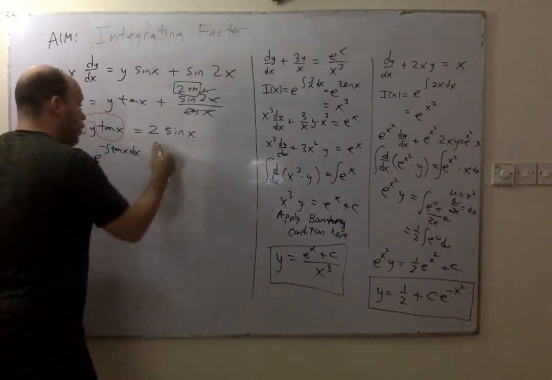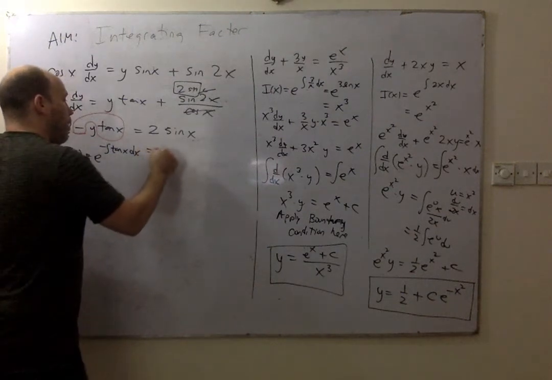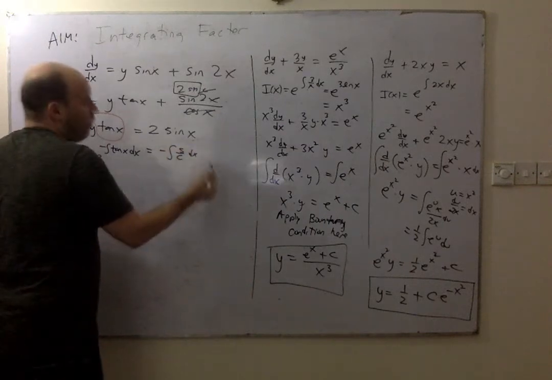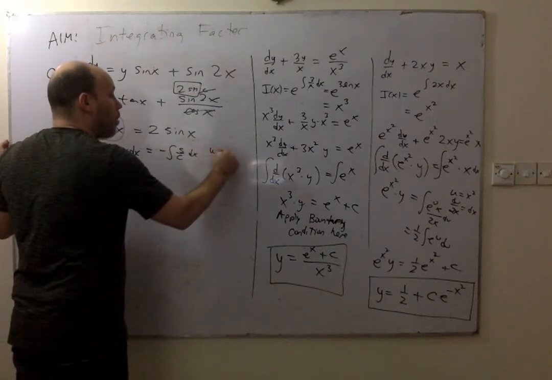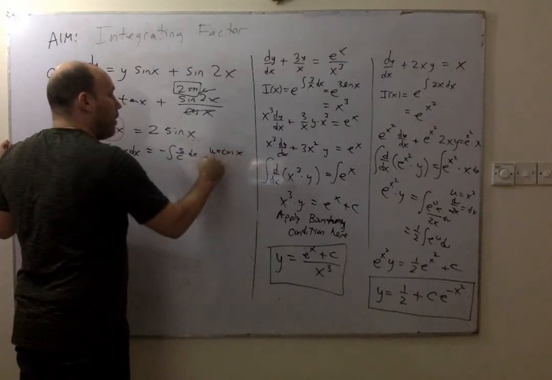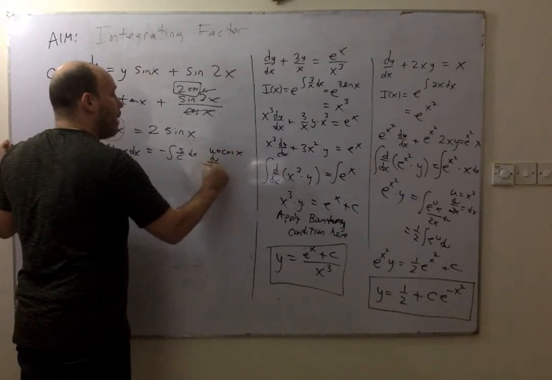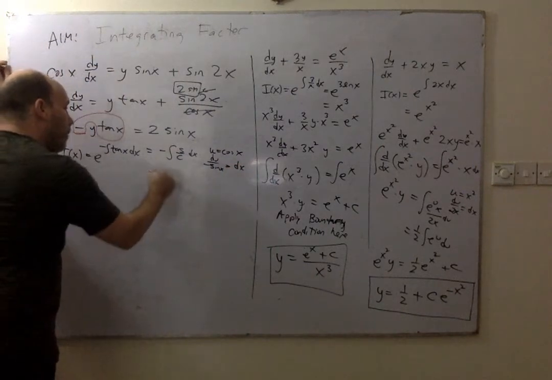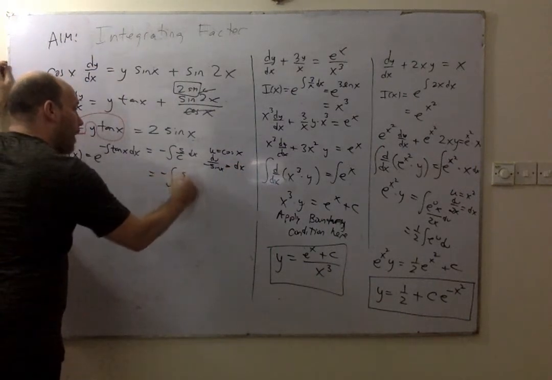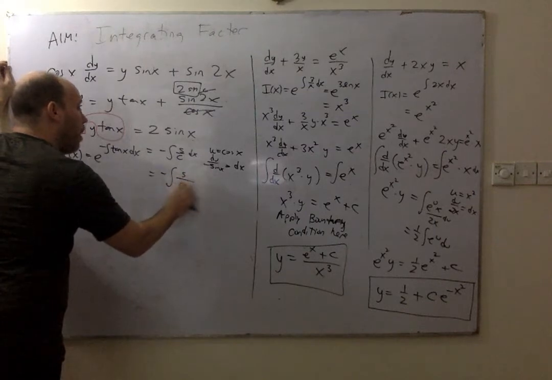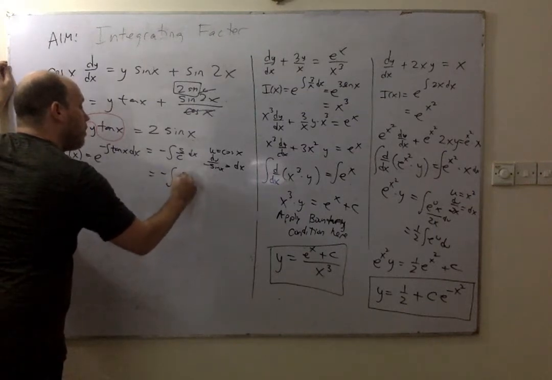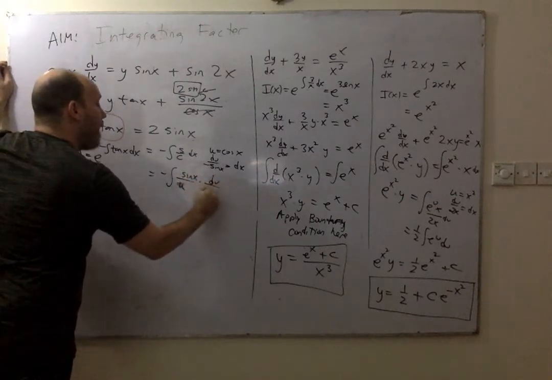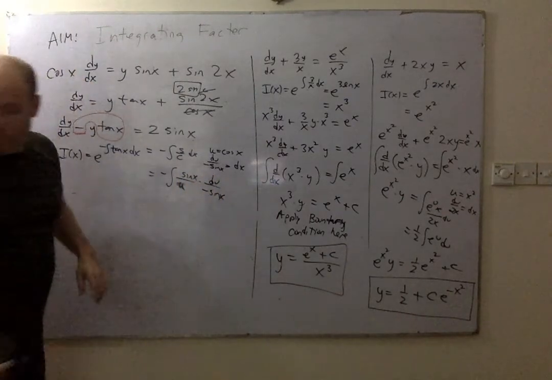Well, I know that the integral of tangent is equal to negative integral of sine over cosine dx. Okay, let me let u equal cosine of x. That means du over negative sine of x is equal to dx, which means we have the integral of negative sine over u times du over negative sine of x.